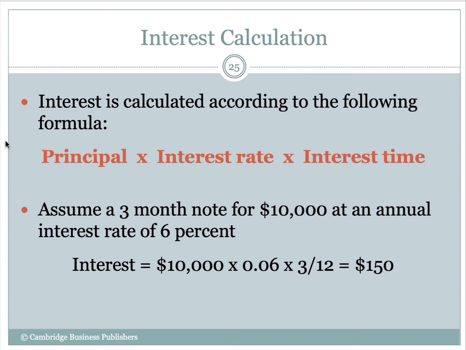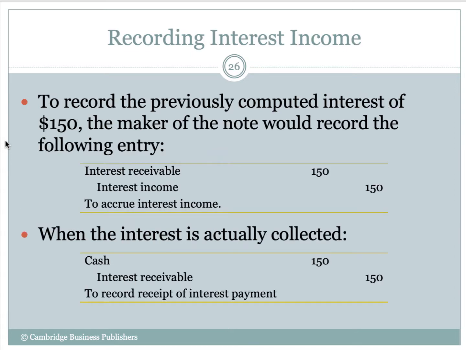So we take our principal amount, which is $10,000, times 6% times the time. Well, what's the interest time? It's 3 months out of 12, so we multiply that by 3/12. We end up with an interest amount of $150.